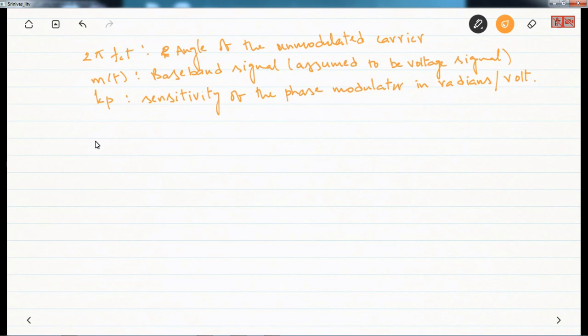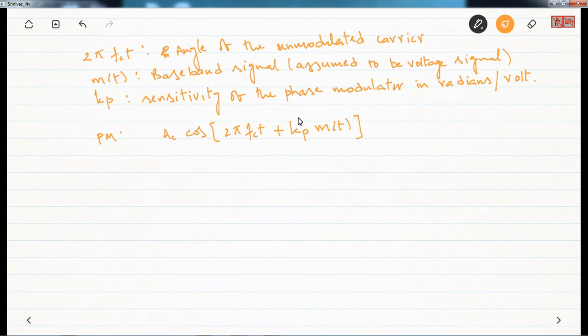So the phase modulated signal is AC cos of 2 pi fct plus Kp into m of t. Have you got convinced that the phase of the carrier signal is being changed in accordance with the baseband signal m of t?